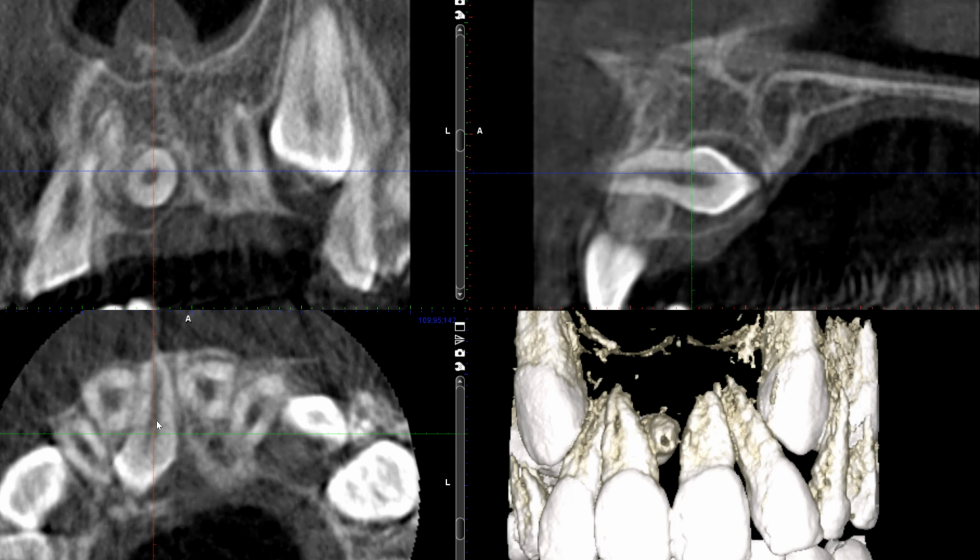When you take a limited field of view, the radiation dose is already relatively small in comparison, but by using this ultra low dose setting, the dose has been even further reduced to about a quarter of its original radiation dose.